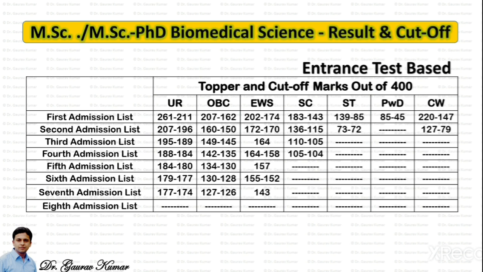In the EWS, the range was from 202 to 143 till the 7th admission list. In the SC category, the range was from 183 marks in the first admission list to 104 in the fourth admission list. In the ST category, it ranges from 139 to 72. In the PWD, two candidates were selected, and 85 to 45 was the range, and in the CW category, 220 to 79 was the range for the selection of candidates.